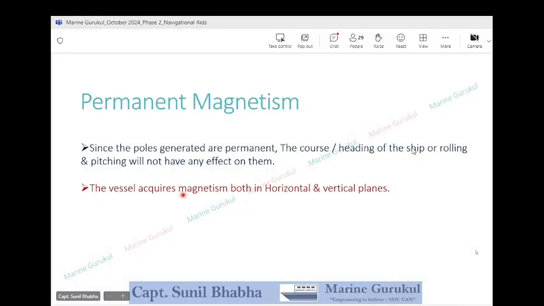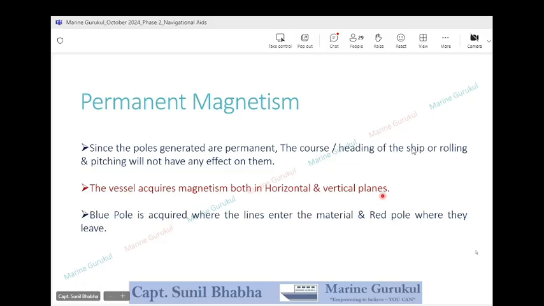The vessel is going to acquire magnetism both in the horizontal and vertical planes. I will explain this to you with the help of diagrams going further. A blue pole is acquired where the lines enter the material, and a red pole is acquired where the lines of force leave the material.